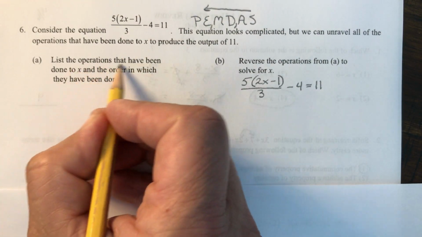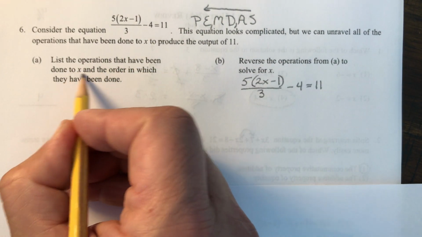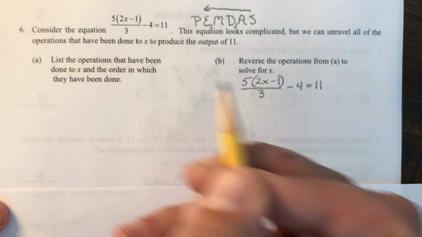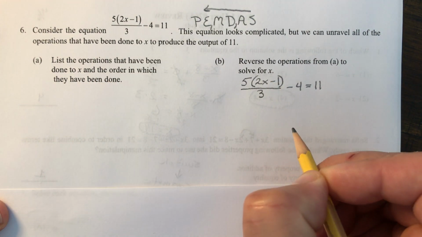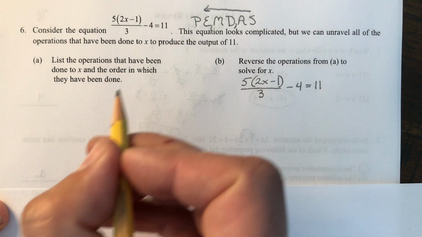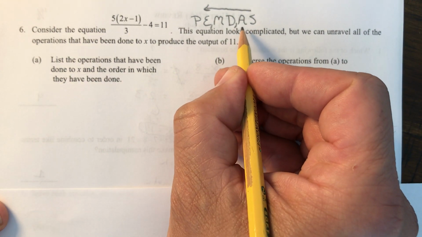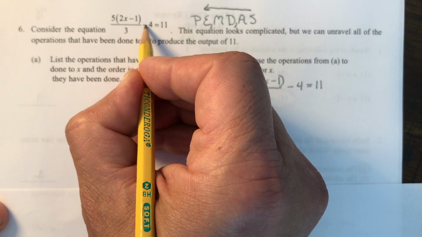So when they say list the operations that have been done to x, and then over here we're going to undo them. All right, so if we're working in reverse, you'll notice that there's a subtraction happening right here.